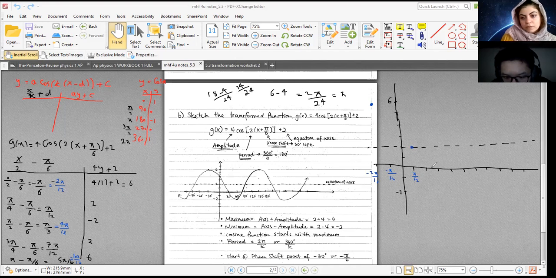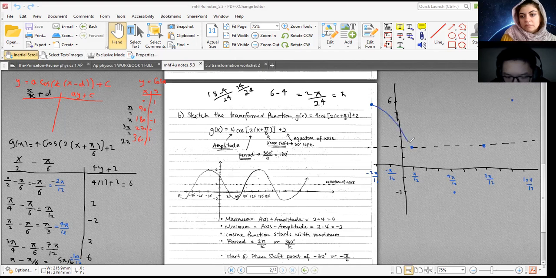Then 4 pi over 12: 1, 2, 3, 4. This is 4 pi over 12. At 4 pi over 12, we are at minimum -2. 7 pi over 12. And then 10 pi over 12, again, this is 10 pi over 12. Again, we get to the maximum, which is 6.